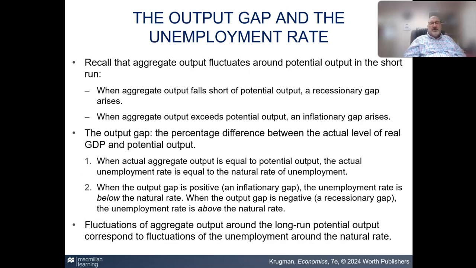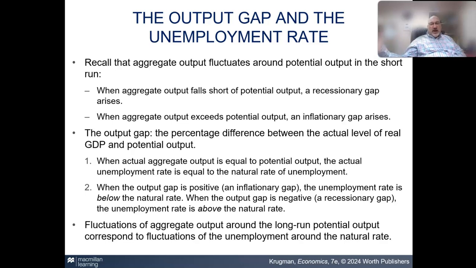All right. So the output gap, unemployment rate, aggregate output fluctuates around potential output in the short run. When it falls short of potential output, we get a recessionary gap. If it exceeds it, we have an inflationary gap. That output gap is the percentage difference between the actual level of real GDP and the potential output.